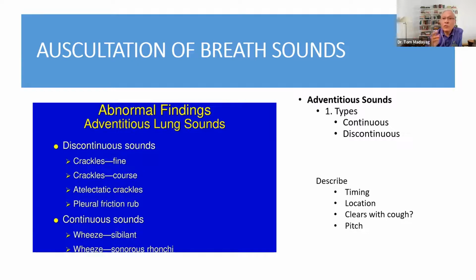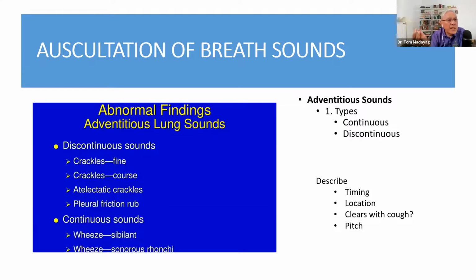Now, to decrease confusion, the International Lung Sounds Association in 1985 divided adventitious sounds into two categories: one, continuous sounds, and the second one, discontinuous sounds. The difference between the two is exactly its definition. So when I say, here is a sound, notice that there's no break in between.